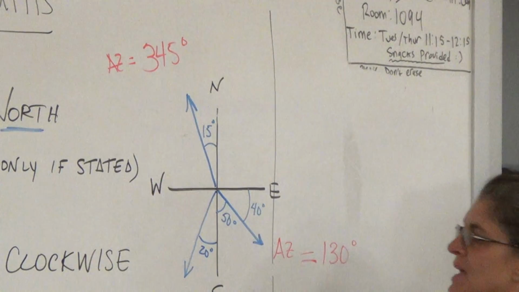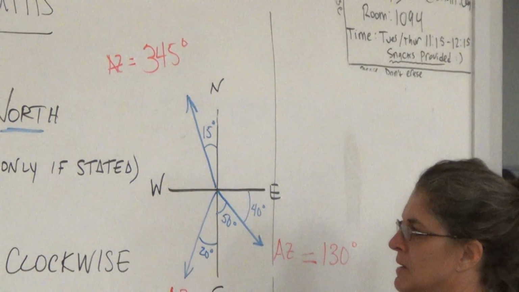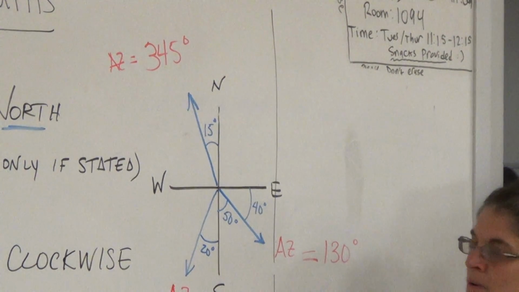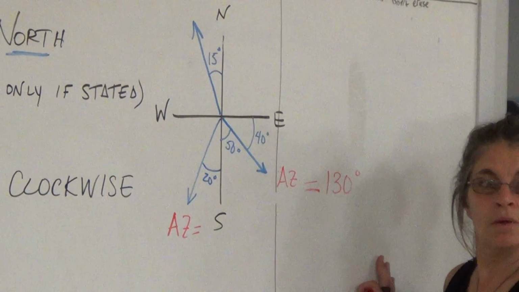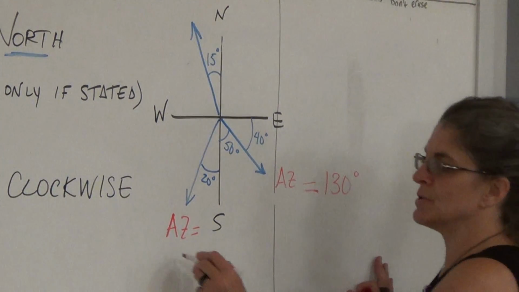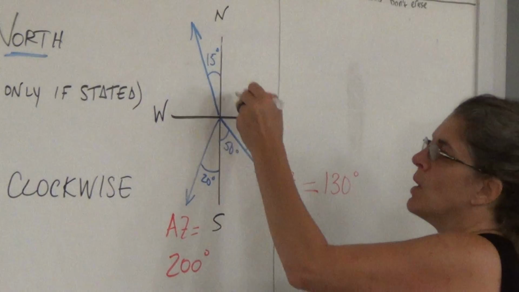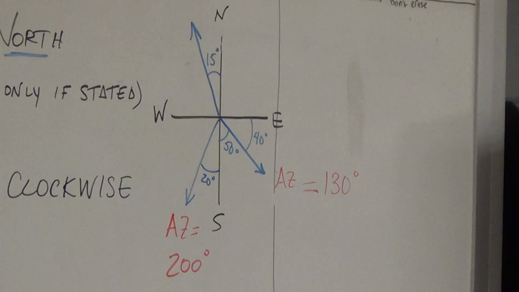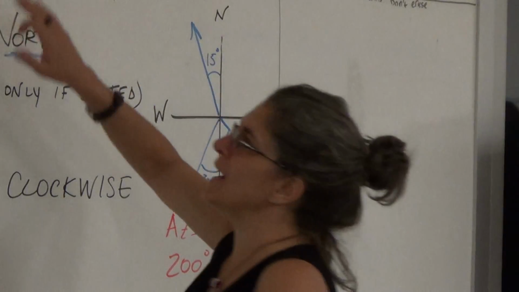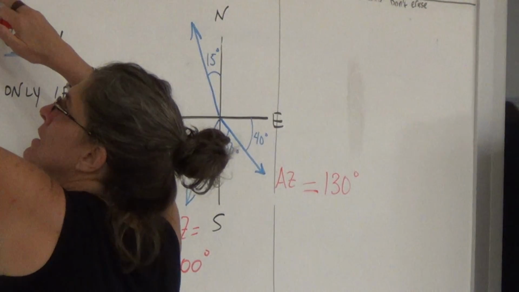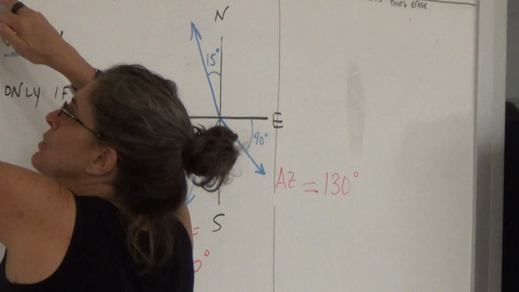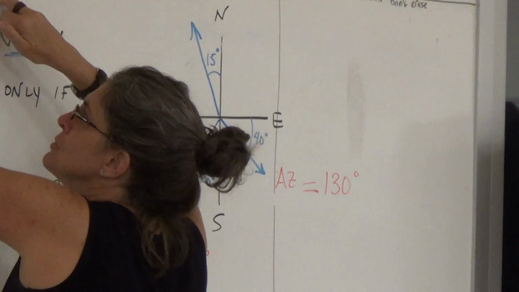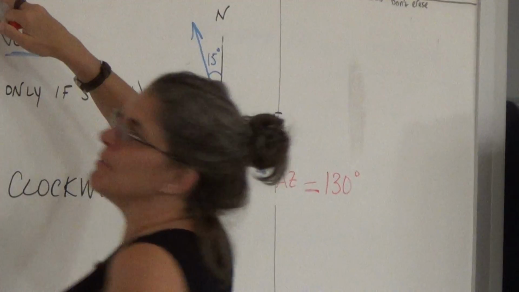Okay, how about this one? What's the azimuth here? 200. And it's 180 plus 20. So azimuths are a horizontal angle used to describe a line.